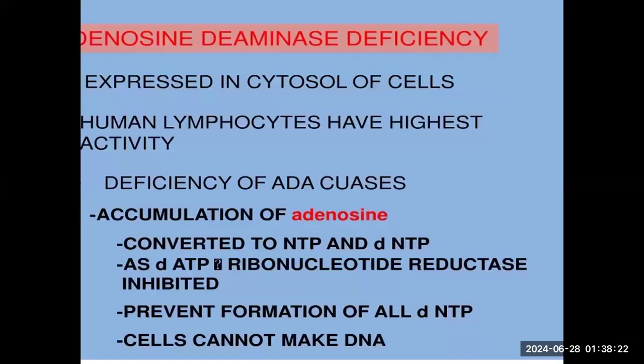Adenosine deaminase deficiency: the enzyme is expressed in the cytosol of cells. Immune lymphocytes have the highest activity. Deficiency of adenosine deaminase causes accumulation of adenosine, converted to nucleotide triphosphate and deoxynucleotide triphosphate, as ribonucleotide reductase is inhibited. This prevents the formation of all deoxynucleotide triphosphates.